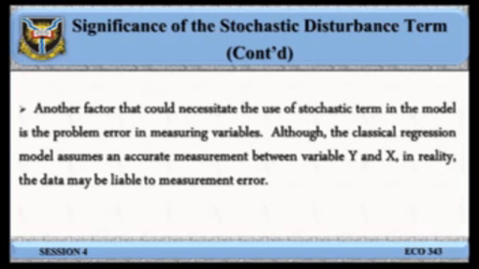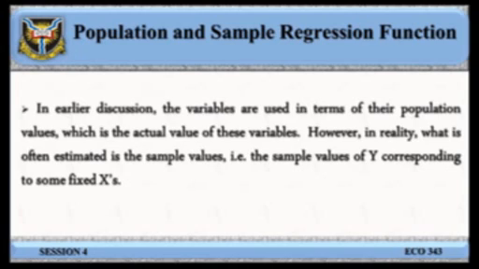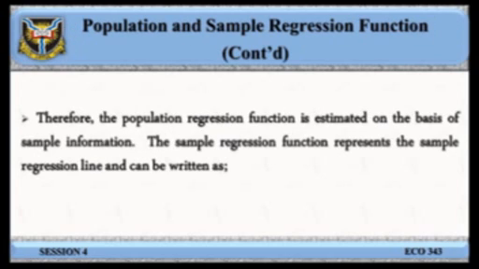Population and sample regression function. In earlier discussion, the variables are used in terms of their population values, which is the actual value of these variables. However, in reality, what is often available are the sample values of Y corresponding to some fixed X's.